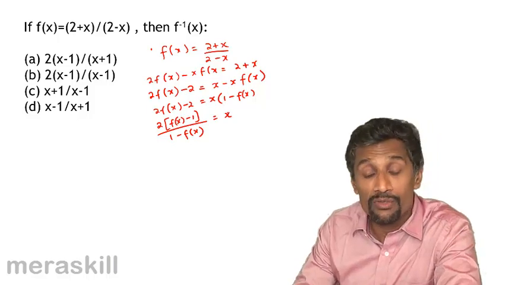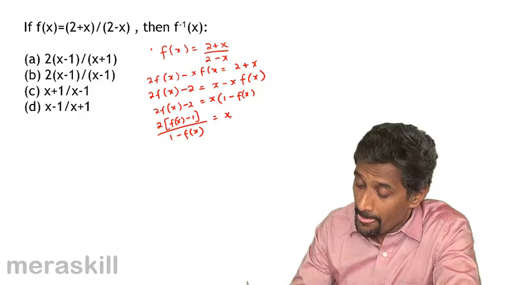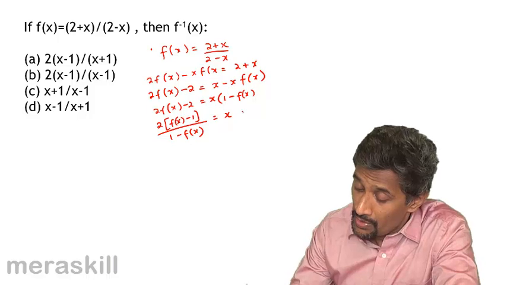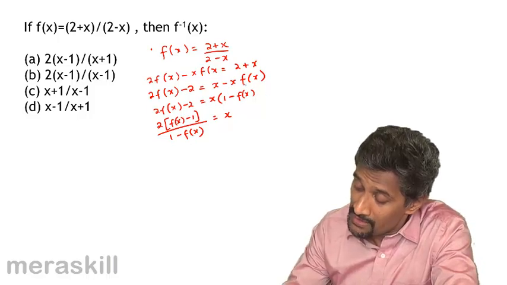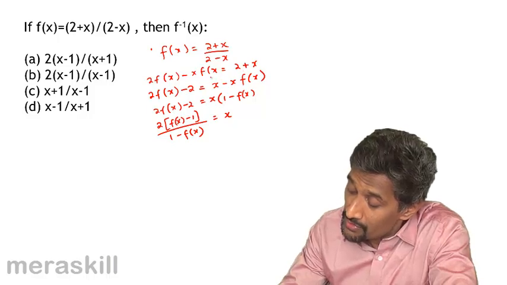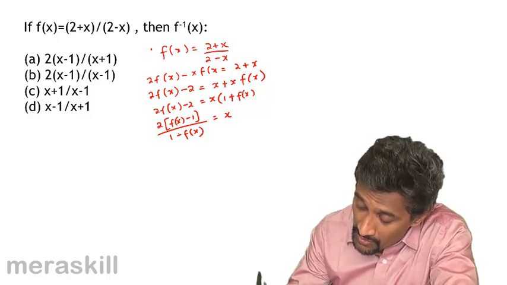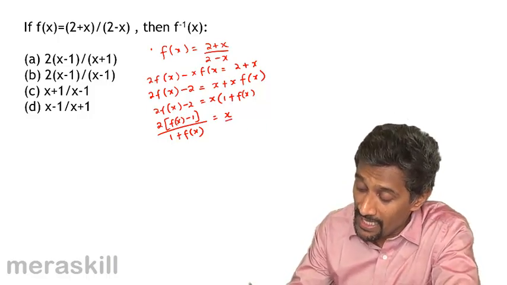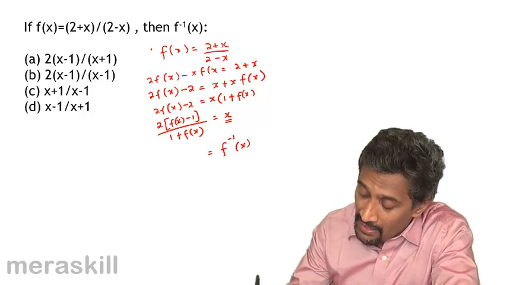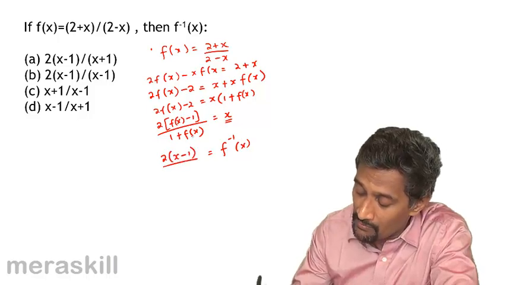So hence this can now be written as 2 times (f(x) minus 1) divided by (1 minus f(x)) is equal to x. Let us check what we have here. Oh yeah, we made a mistake here. It should be x into (1 plus f(x)). So this x becomes f inverse of x, and f(x) becomes x. So it becomes 2 times (x minus 1) upon (1 plus x).